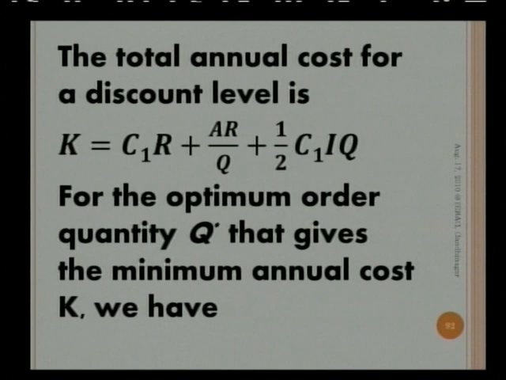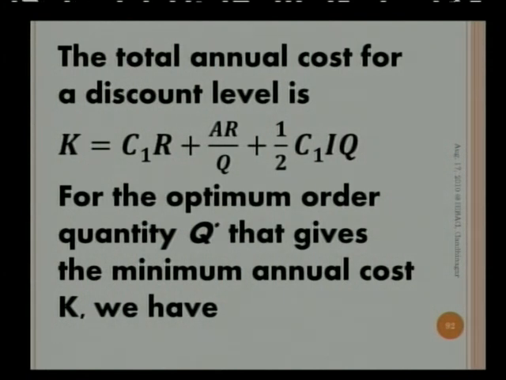So for the first purchase cost, say C1, the total cost will turn out to be C1R, which is the purchase cost of whatever the demand was, plus AR by Q, the ordering cost per time unit, plus half C1 I Q. So the first is purchase cost, the second is ordering cost, and the third is inventory holding cost. Whenever there is a price discount or price escalation, one has to consider the purchase cost, because it plays a vital role in optimizing the total cost.